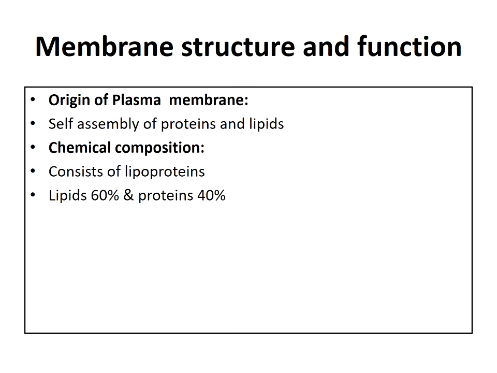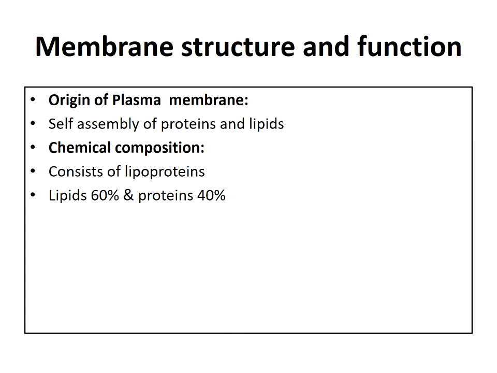Next is the origin of the plasma membrane. This is a self-assembly of proteins and lipids. As we know from the cell theory, all cells exist from pre-existing cells.